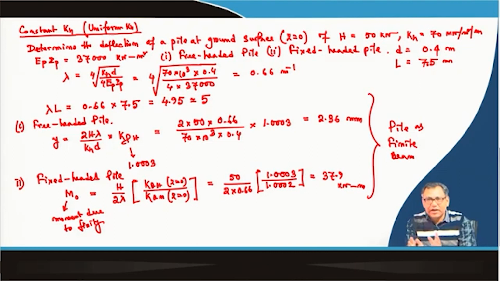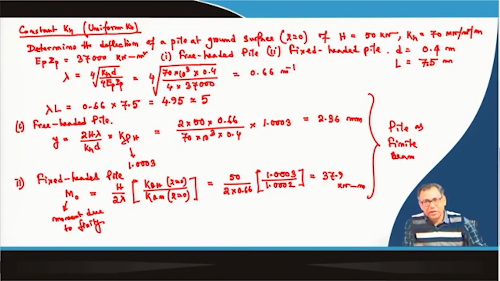If you subtract this deformation from the free headed pile deformation, then I will get the deformation for the fixed headed pile, because that much moment m0 is developed due to the fixity and it is acting in the opposite direction to h. So, basically that is reducing the deformation of the pile head. So, definitely the deformation of the pile head under fixed head condition will be less than the deformation under free head condition.